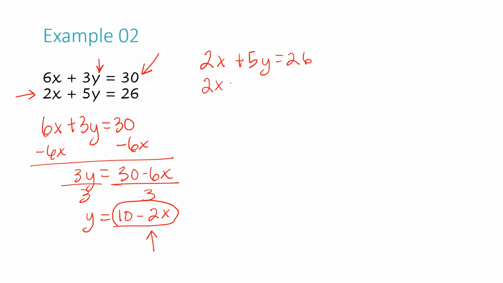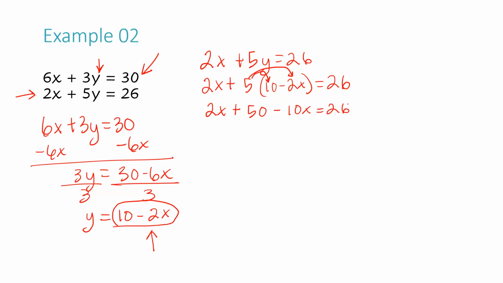So it's 2x plus 5, instead of y, I'm going to write parentheses 10 minus 2x equals 26. Now I'm going to solve for x to get an x value. Looks like I can use the distributive property right here. So I'm just going to draw some arrows so you know what I'm doing. So this is 2x plus 50 minus 10x equals 26.